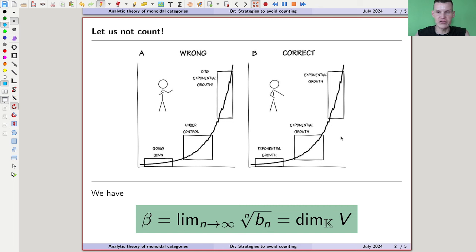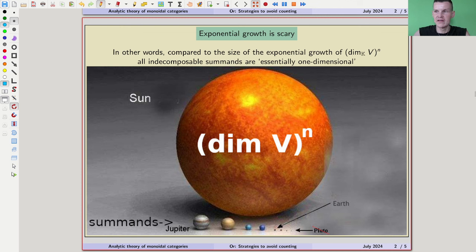The dimension is always the leading growth rate of an asymptotic formula in ridiculous generality. And this is just really, really good, right? Exponential growth is scary. Compared to the size of the exponential growth of this beast, all indecomposable summands are essentially one-dimensional.